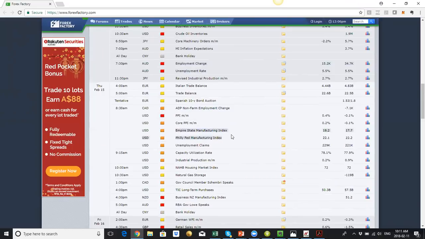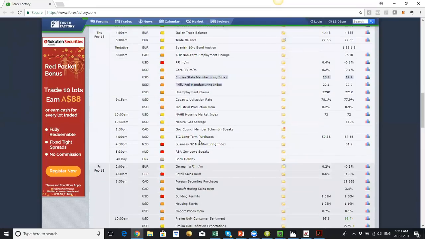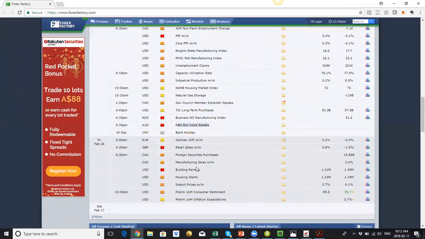Empire State manufacturing numbers and Philly Fed manufacturing numbers are also important because they translate into retail sales later on. Going into the evening, we have news for both New Zealand and Australian dollar. These will have an impact, especially with RBA. Any kind of central bank will definitely create volatility, at least for that particular currency.